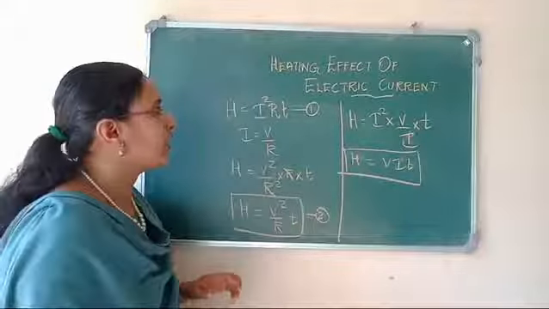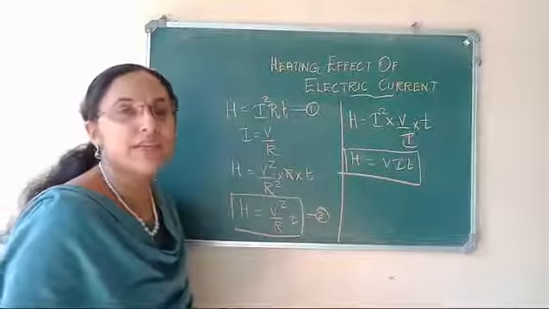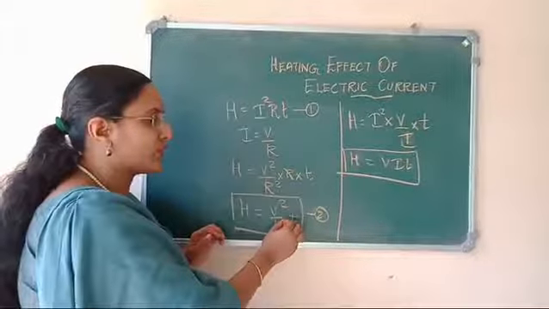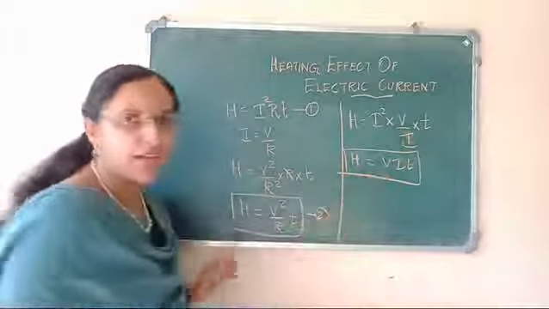Thus we obtained three equations of the heating effect of electric current: H = I²RT, H = V²/R × T, H = VIT.